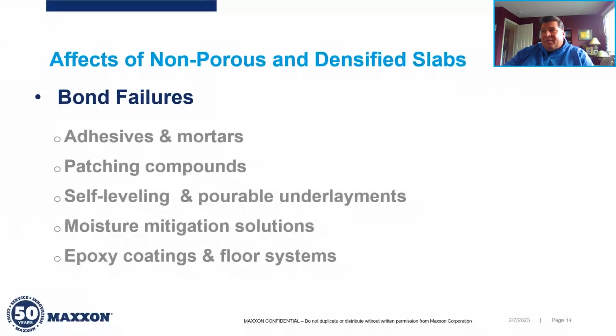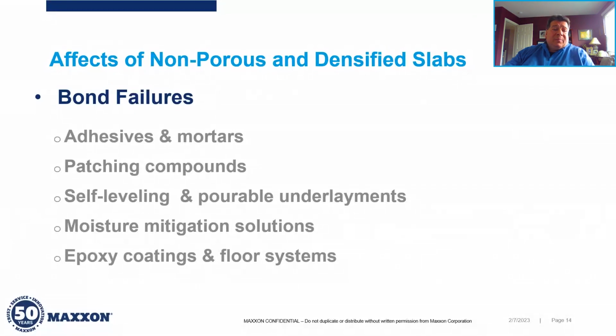But really, bond failures when you talk about anything that has to go to that slab, anything from patching compounds or self-leveling underlayments that are going to be called upon to repair the surface in preparation for the new floor covering, or even mitigation solutions we saw earlier, that have to absorb into the pores of the concrete, so to block moisture vapor.